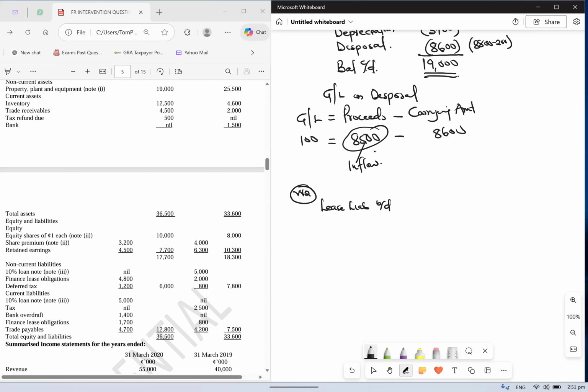You increase your lease if you do another lease. So is there a new lease? And your lease will come down if you pay the lease. If you pay on the lease, so lease payment, then you should be getting your balance carried down.